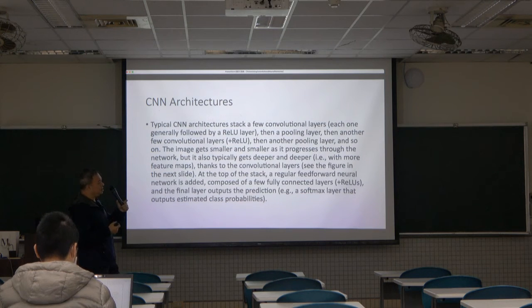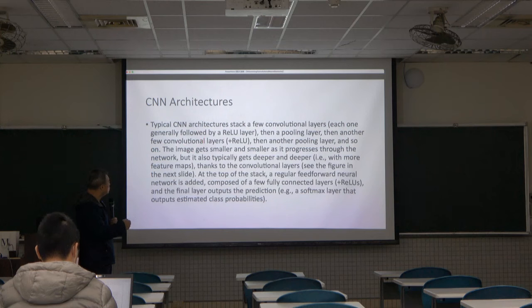For each value that you calculate from the previous layer using the filters, the filter basically helps you get the weighted sum, and that value is going to eventually go through an activation function. Normally we use ReLU; it's not necessarily ReLU, but a lot of the time we use ReLU. Then the pooling layer, then another few convolutional layers and another pooling layer and so on.